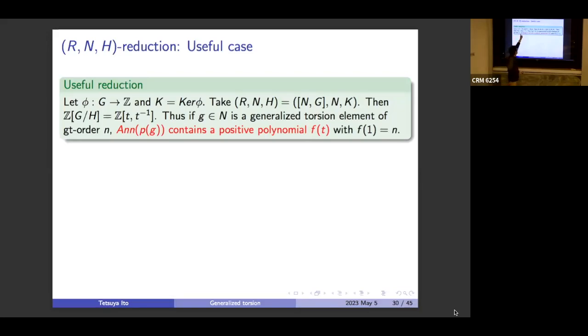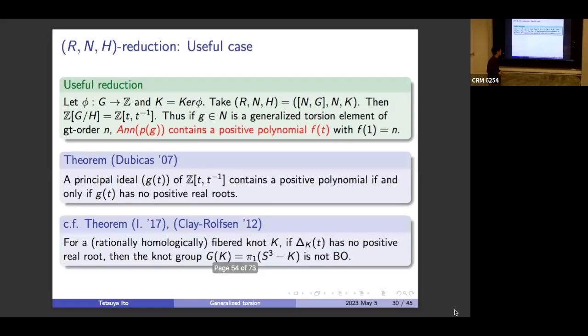So this ideal contains a positive polynomial. What does it mean? Thanks to the recent result of Gaussian, we have a nice characterization of when an ideal contains a positive polynomial. A principal ideal contains a positive polynomial if and only if its generator has no positive real root.